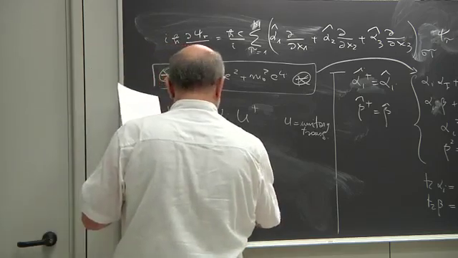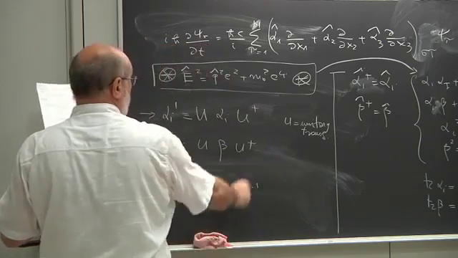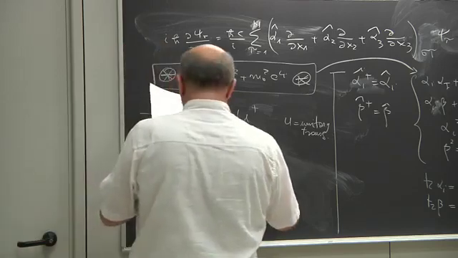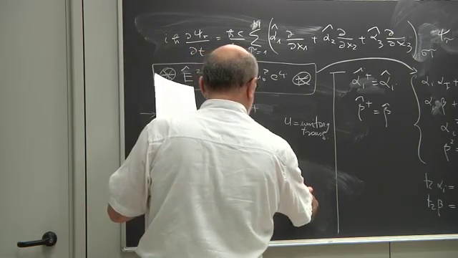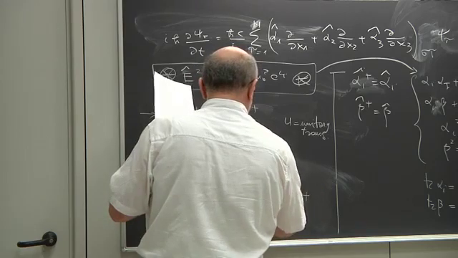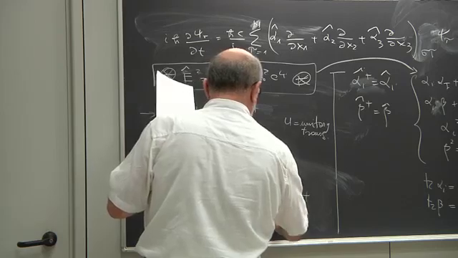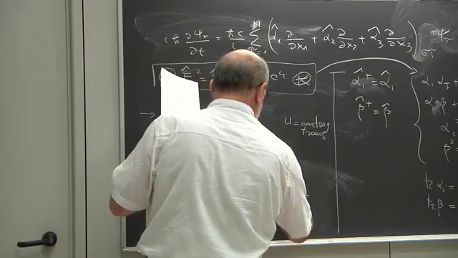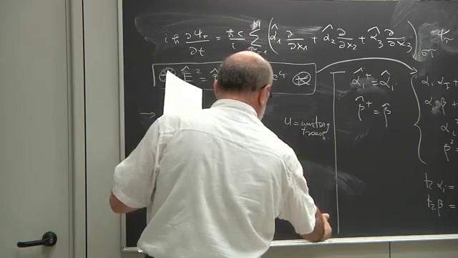They are equal to u alpha I u to the minus 1, because it's unitary, so u dagger is u to the minus 1. Then you have u alpha j u to the minus 1, plus u alpha j u to the minus 1 u alpha I u to the minus 1.